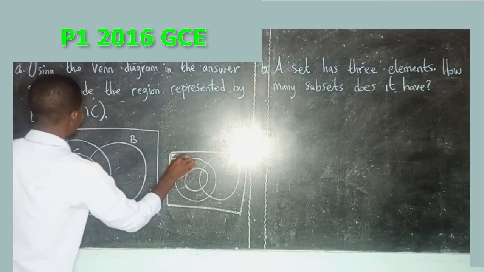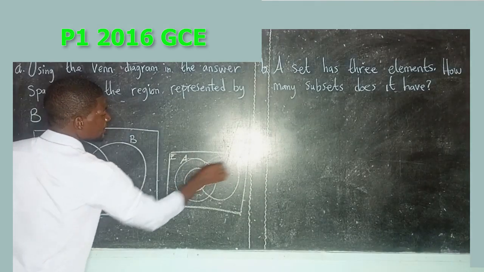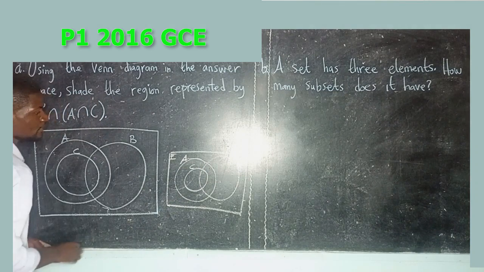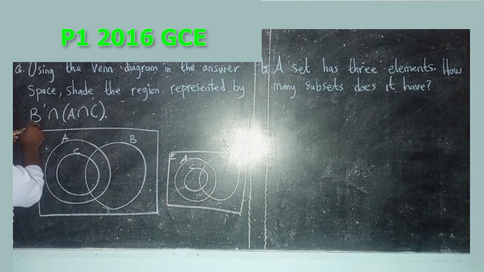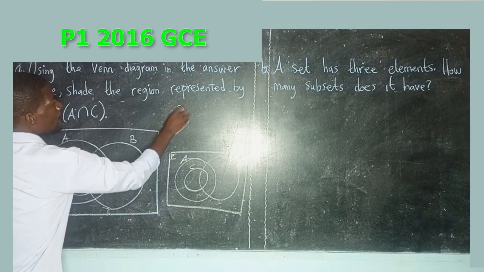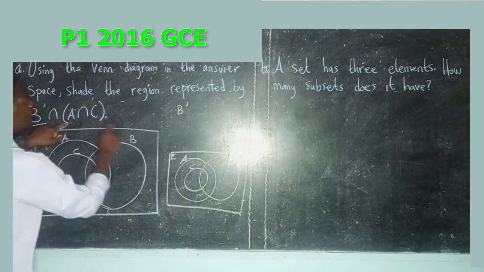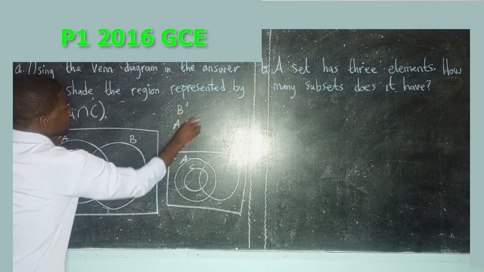That is our A, B, and that's our C. We have B complement, and we have A intersection C.